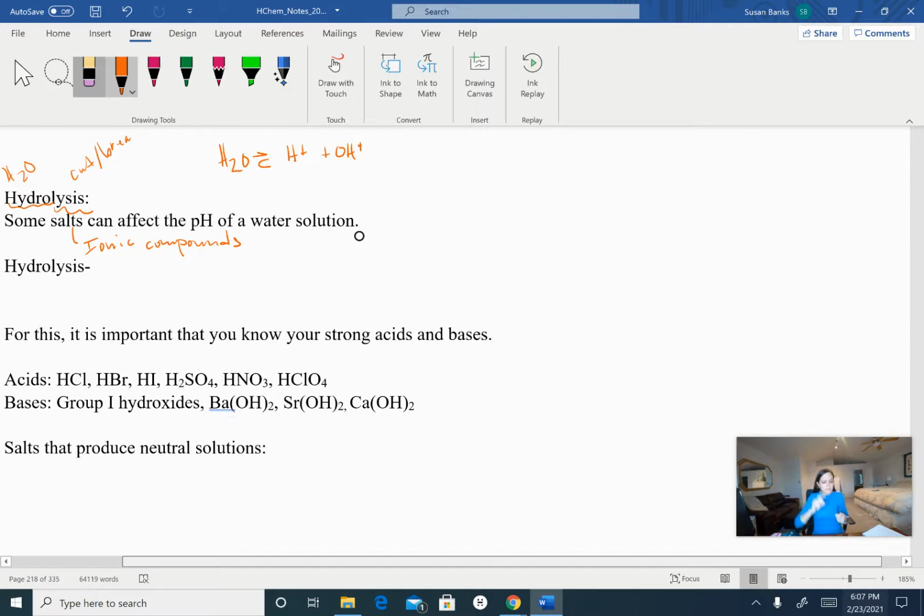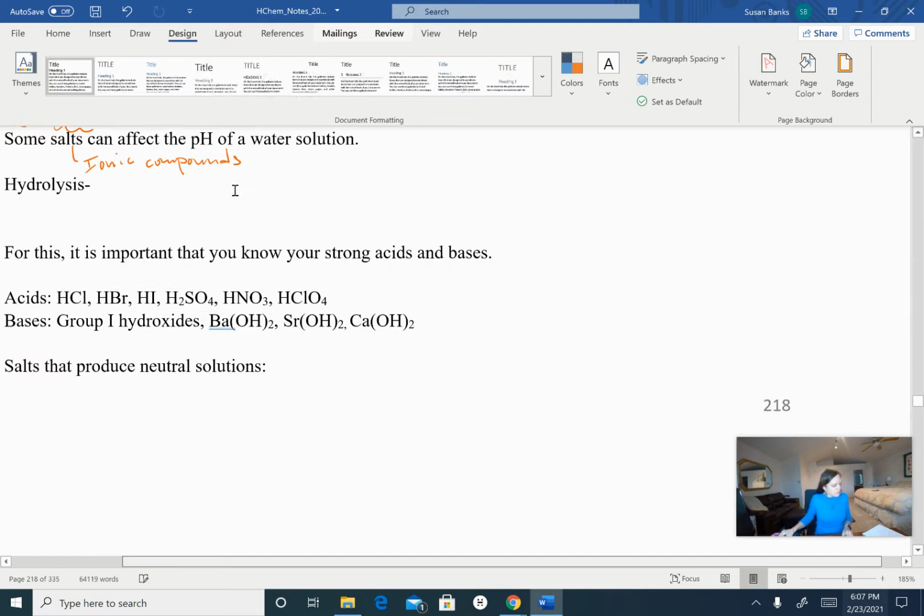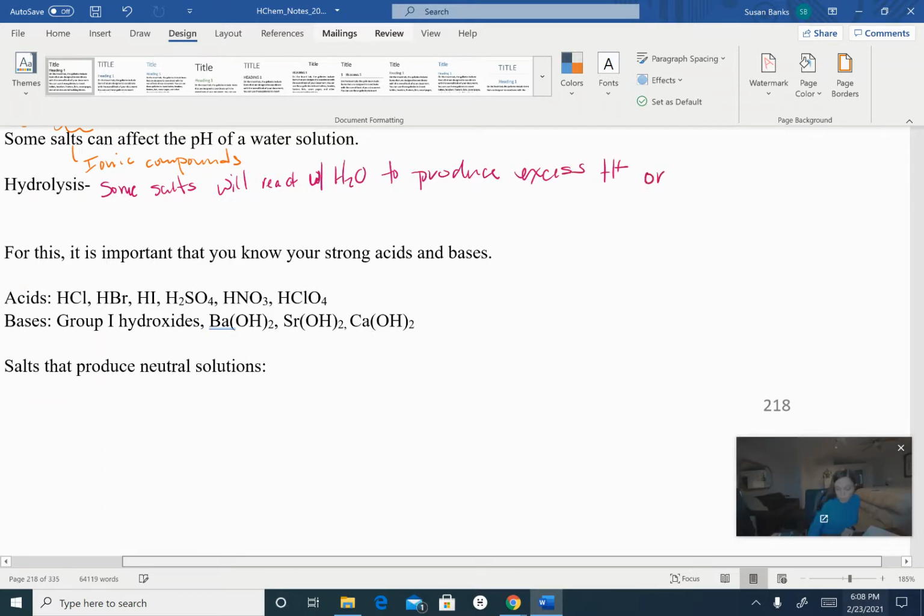So let's define hydrolysis really quick in terms of the chemistry definition. Hydrolysis: some salts will react with water to produce excess hydrogen ions or sometimes excess hydroxide ions.